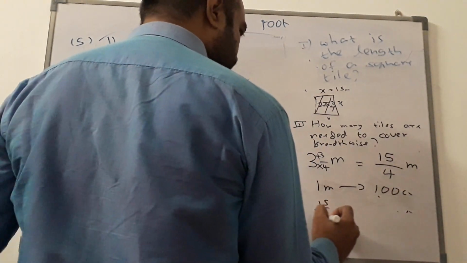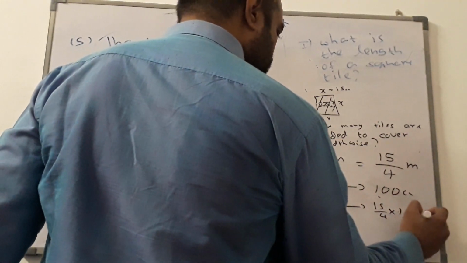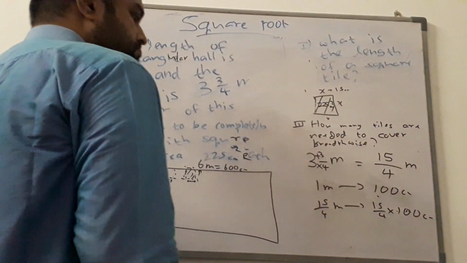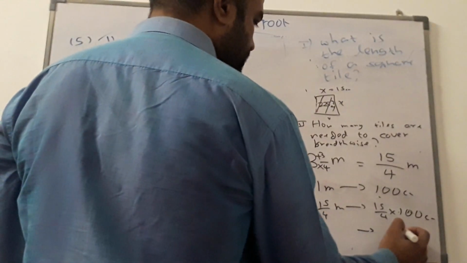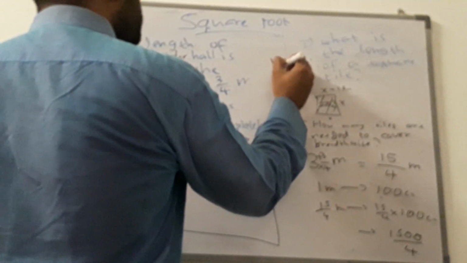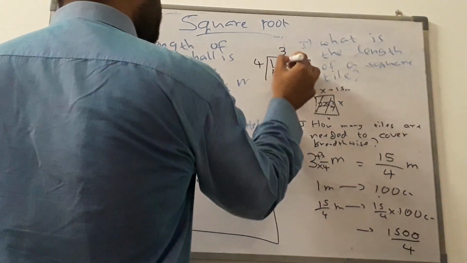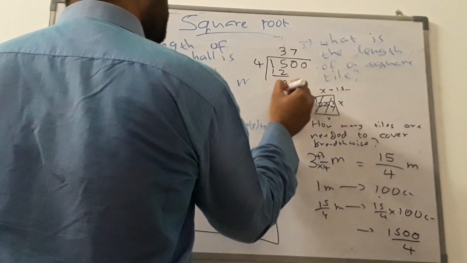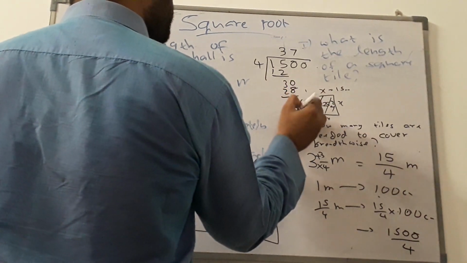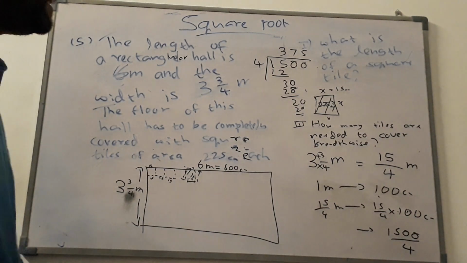So 15 out of 4 meters means 15 out of 4 times 100 centimeters. 15 times 100 means 1500 divided by 4. 4 times 3 is 12, then 30, 4 times 7 is 28, so it is 375. So 15 out of 4 meters means 375 centimeters.